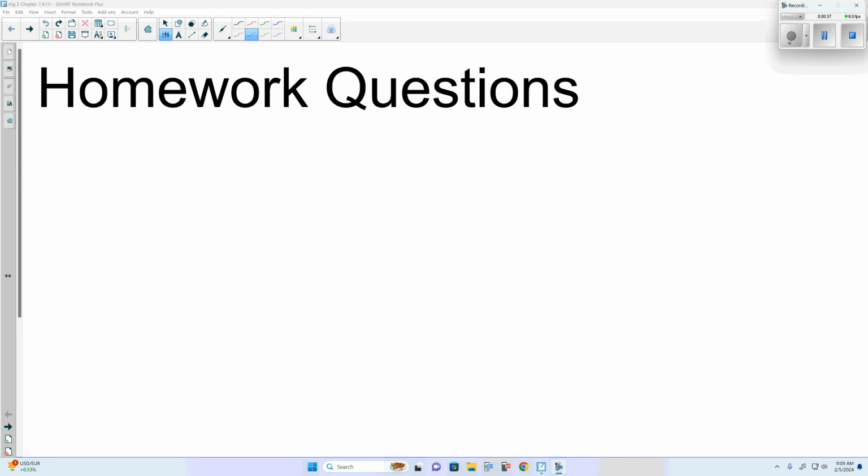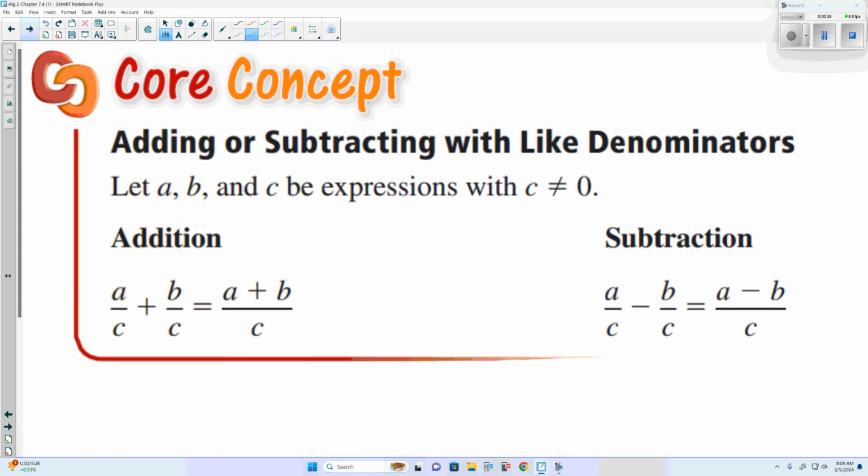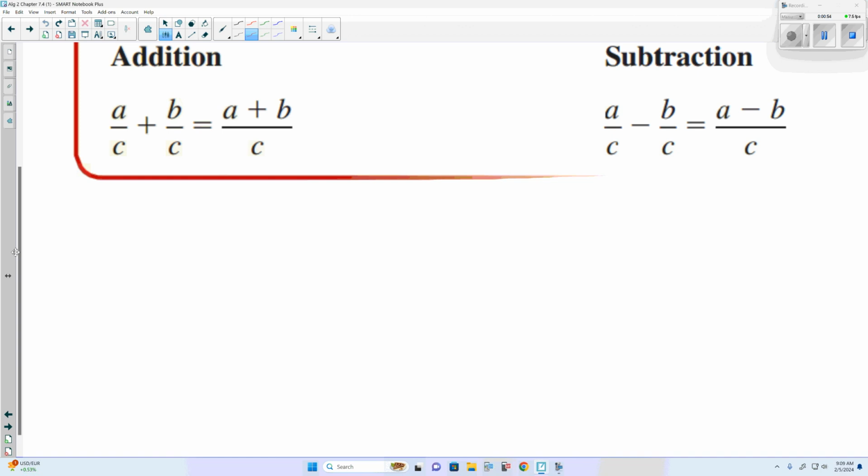Because what we're looking at today is adding and subtracting rational expressions. Now, when we add or subtract rational expressions, the denominators have to be the same. And this is true for any type of fraction.